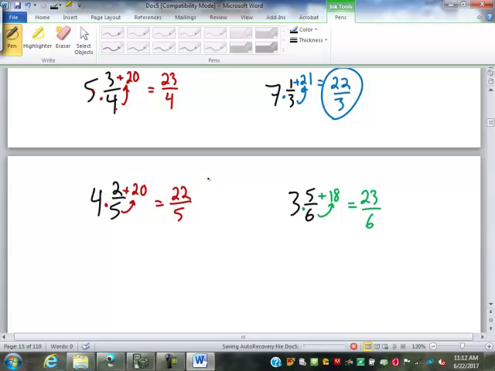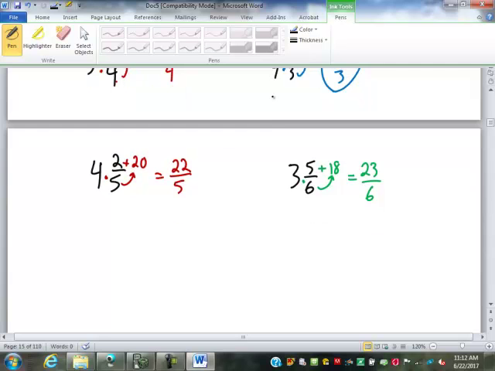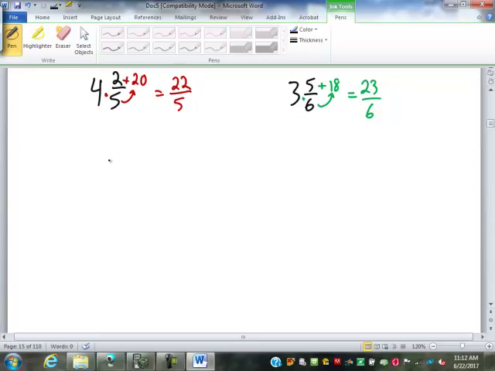Now we are going to experience some numbers that are way uglier than this. Obviously, I've been keeping them nice and neat for us, but the process will still be the same. You know, I might have 13 4/7. To turn that into an improper fraction, what am I going to multiply? 13 times 7.